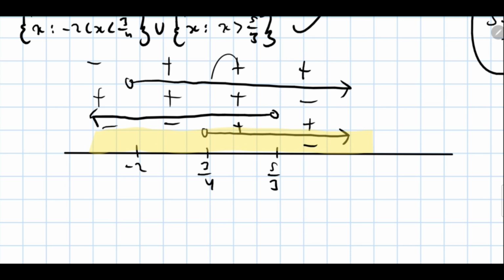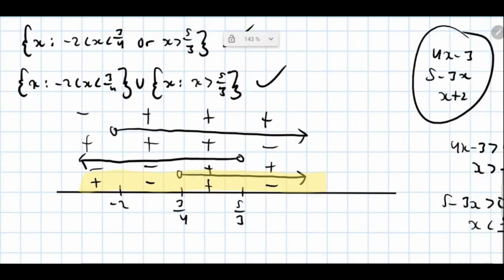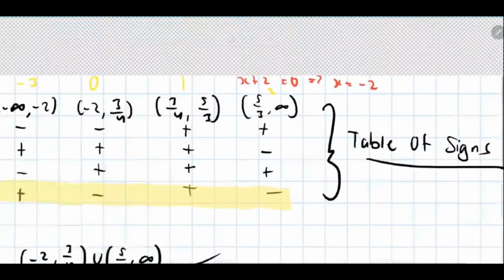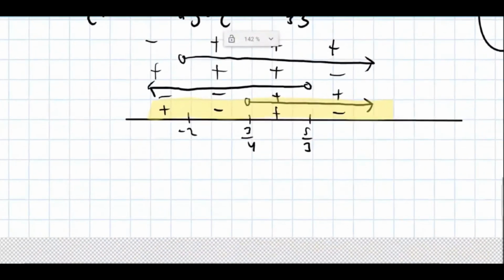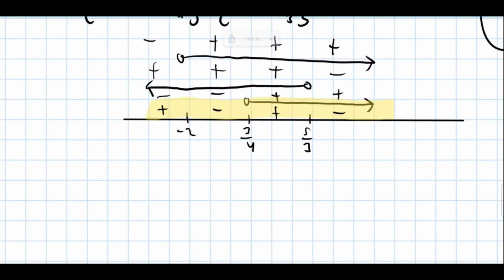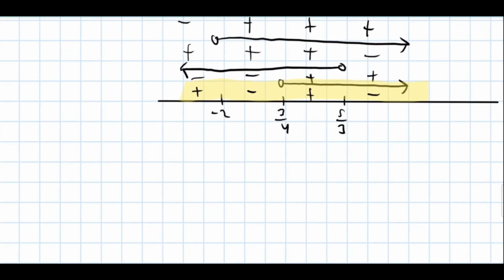We multiply this part, we'll have a positive sign, negative sign, positive sign. So since we are referring back to our inequality where it is less than 0, the sections where it is a negative sign satisfy the inequality. Therefore I'll be writing this down as an interval notation. So it'll be negative 2 and then 3 over 4 union with 5 over 3 to infinity.